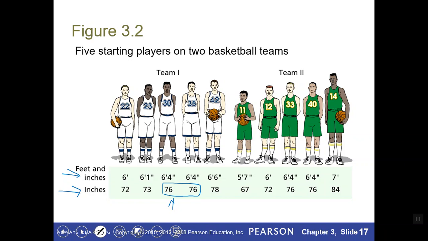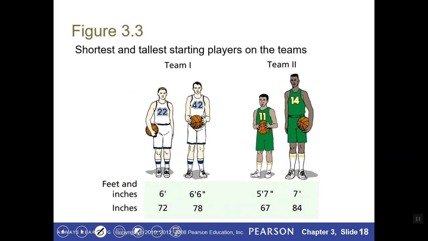Same thing in team 2. Let's see what we have to do. Here we have considered the shortest guy and the tallest guy in each team. The shortest guy in team 1 is 72 and the tallest guy is 78.